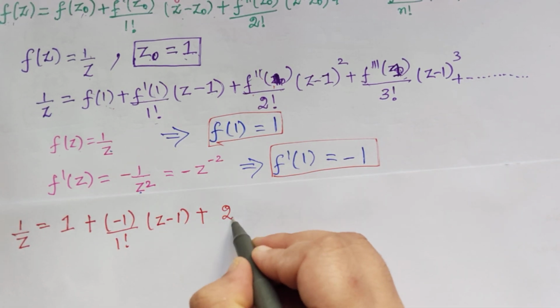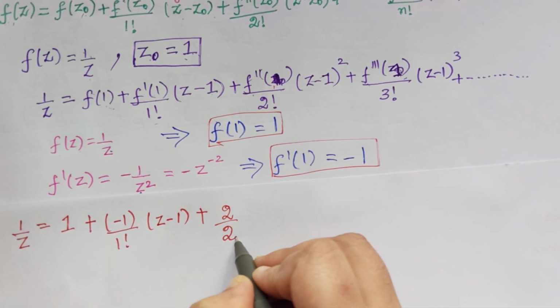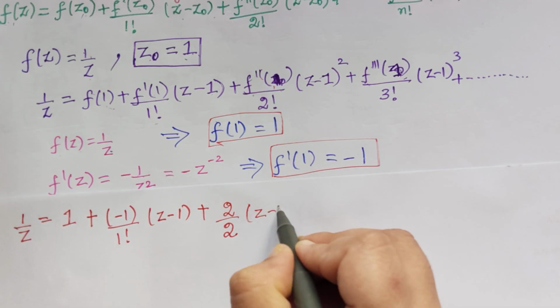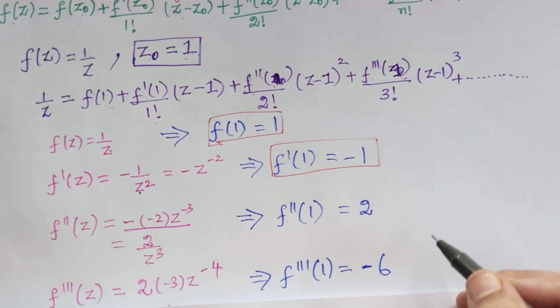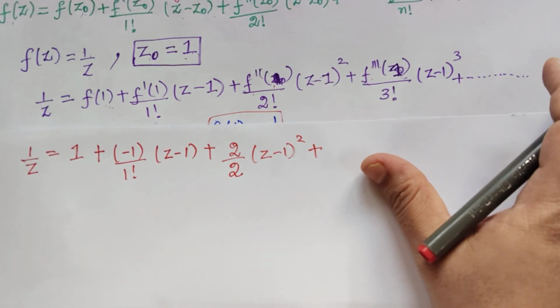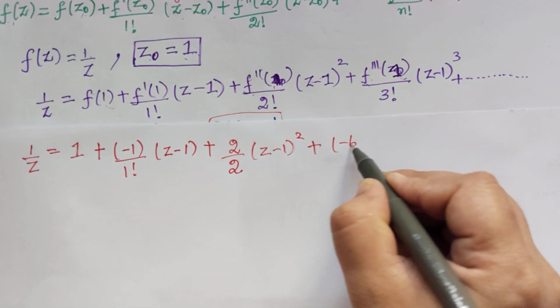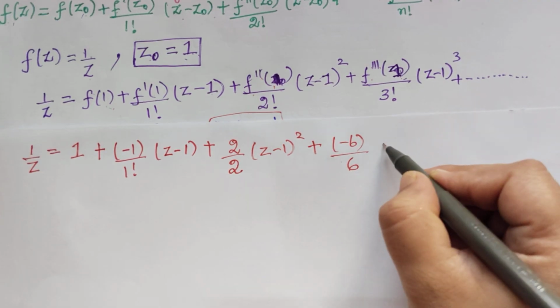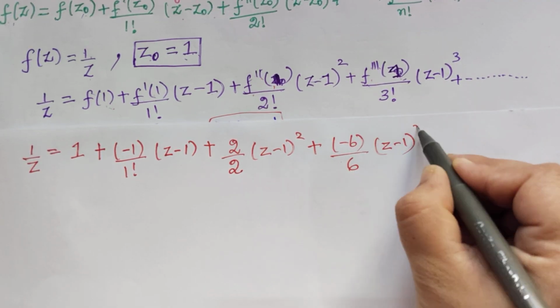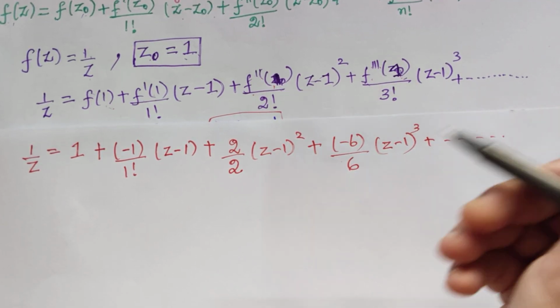So 2 divided by 2 factorial is 2 only, and then z minus 1 the whole square, plus f triple dash of 1 is what? Minus 6. So it will be minus 6, and 3 factorial is 3 into 2, which is 6, and z minus 1 the whole cube, plus etc. It keeps on going like this.